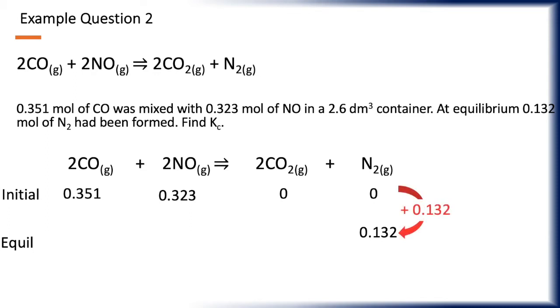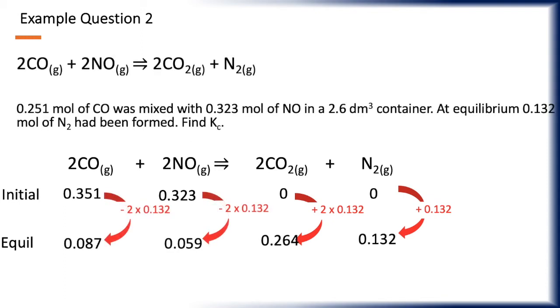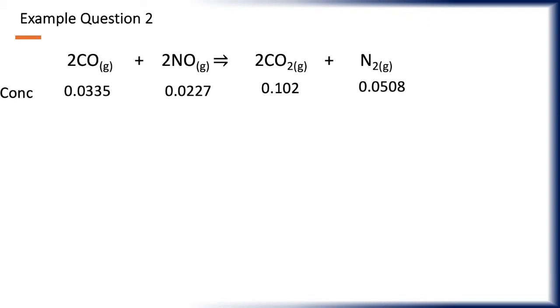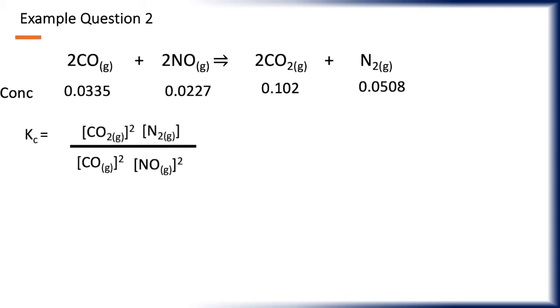So we've gained 0.132 moles of nitrogen, which means we must have gained 2 times 0.132 moles of carbon dioxide, and that means we have lost 2 times 0.132 moles of both NO and CO. So those are our final figures, and we also now need to change those into concentrations by dividing each of those by 2.6 to give us our concentrations in moles per decimeter cubed. So we have those numbers now, and it's just a matter of popping those into Kc, which is shown there.